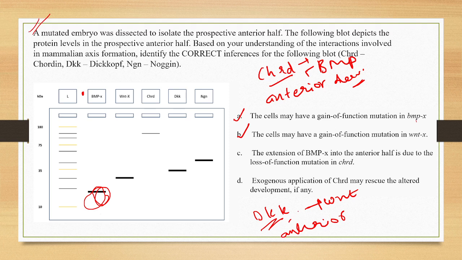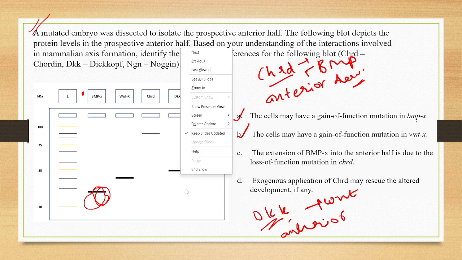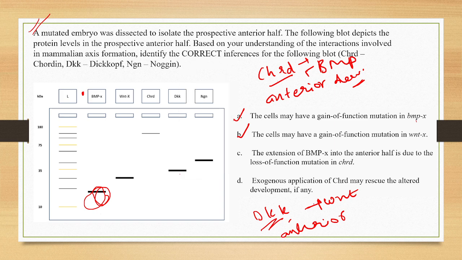Okay, but here you can see that there are higher levels of Wnt, and there is a higher level of DKK also. That means DKK is there and DKK is trying to inhibit Wnt, but Wnt is present in more than the required concentration. So there has been a gain of function mutation in the Wnt.